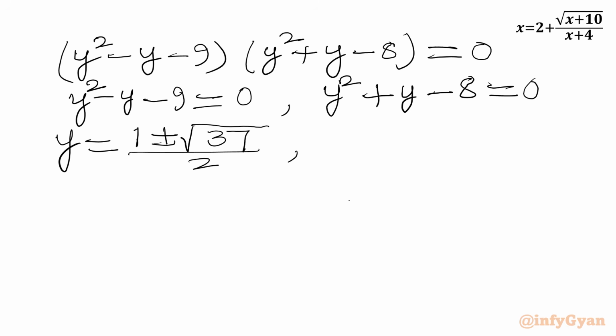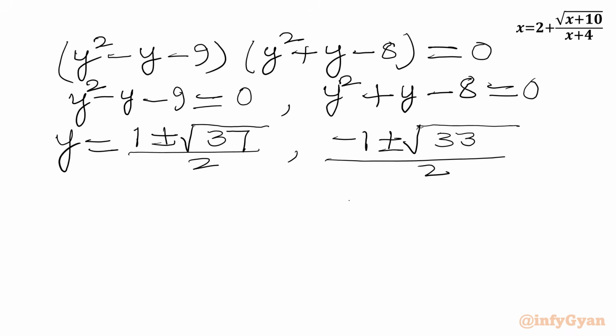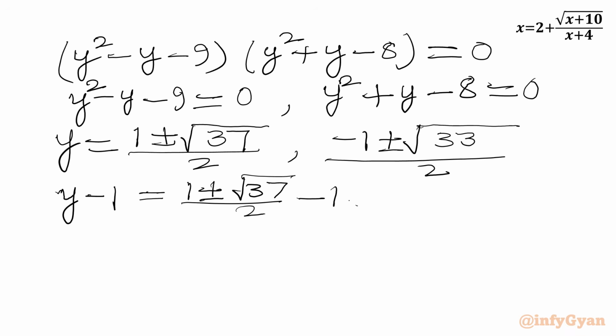And here we will get minus 1 plus minus square root of 1 plus 32, which is 33 over 2. Now we will subtract 1 from both the sides. So I will write y minus 1 equal to 1 plus minus square root of 37 over 2 minus 1.